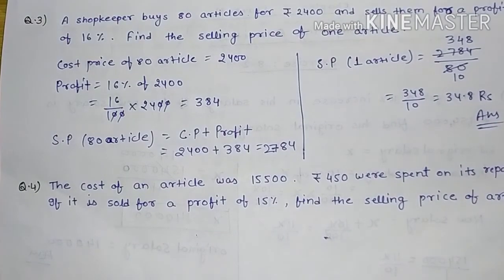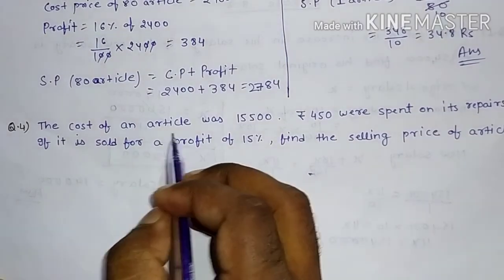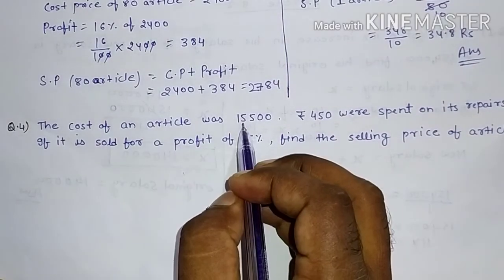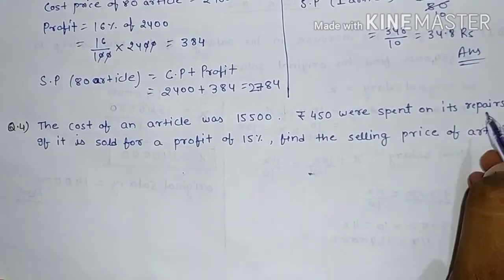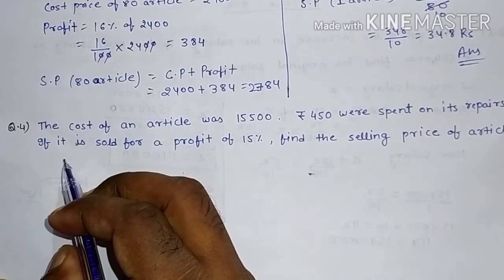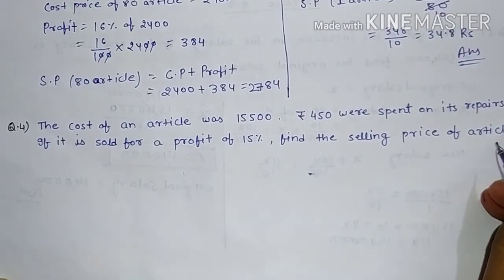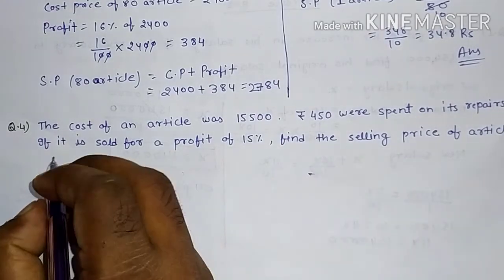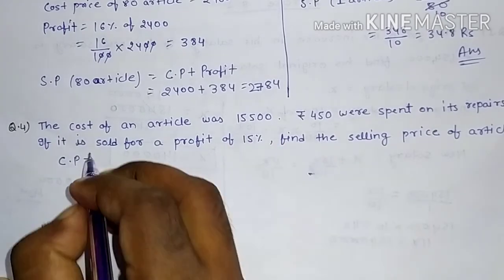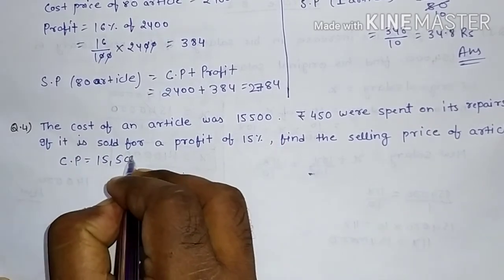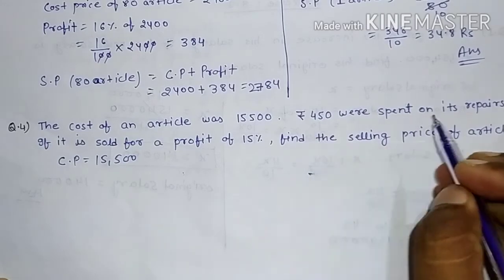Now the next question, that is question number 4. The cost of an article was 15,500. 450 rupees were spent on its repairs. If it is sold for a profit of 15%, find the selling price of the article. Now simply, CP is given here, the cost price is 15,500. 450 rupees were spent on its repair.